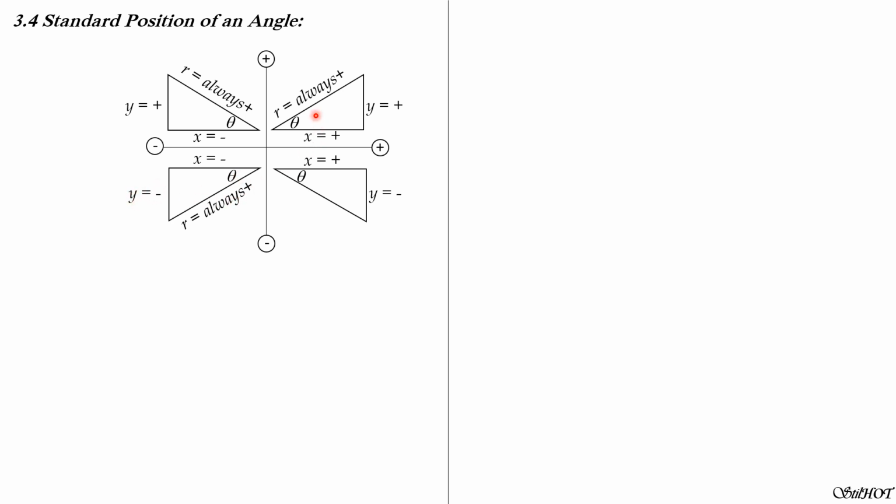Cosine of 30 degrees is positive square root of 3 over 2, so cosine of 210 degrees is negative square root of 3 over 2. Tangent of 30 degrees is 1 over square root of 3, or square root of 3 over 3. Then tangent of 210 degrees is also square root of 3 over 3, positive because both x and y are negative, so the ratio is positive.